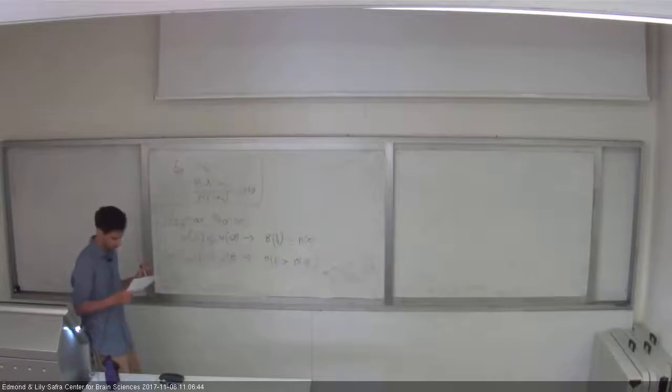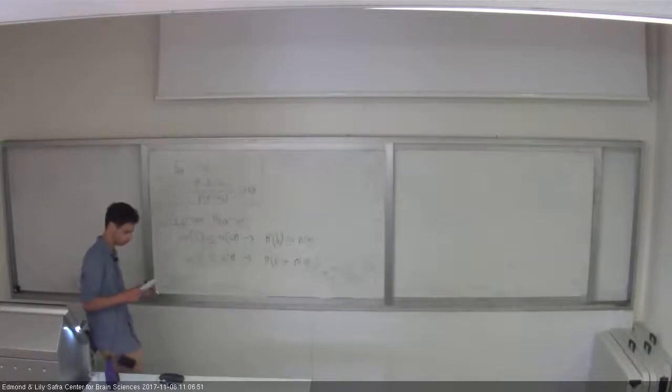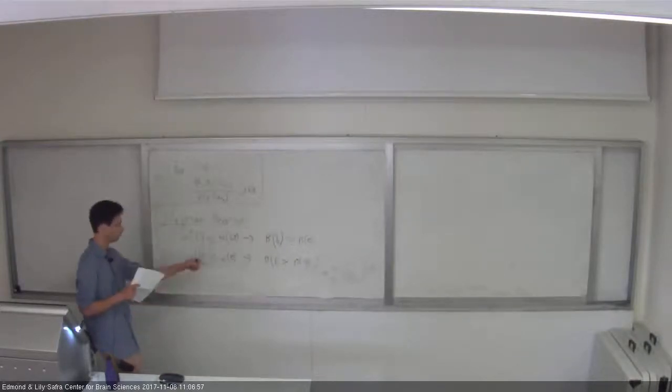Okay? And it's important to know that the other direction is not true. So for some general test, the condition that beta of lambda is bigger than beta of theta doesn't tell us anything about the alpha.